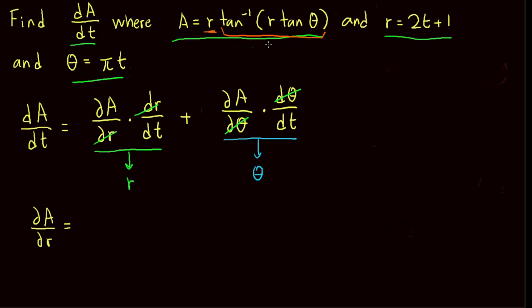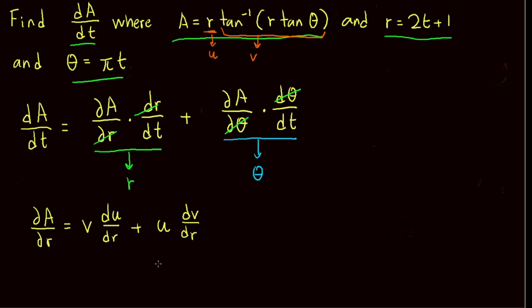So obviously we need to do the product rule. I'll represent this part as U and this part as V. If you recall correctly, the product rule is V du/dr plus U dV/dr.